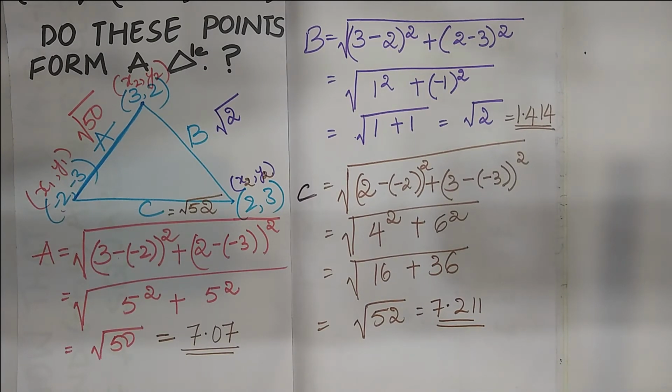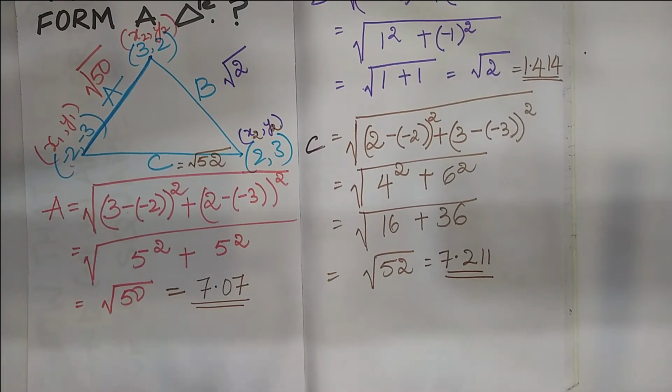So according to the property, what do we know? If you add any of the two sides, it should be greater than the third side. So let us take all the possibilities here. Alright. So we have three numbers, 7.07, 1.414 and 7.211. Let us just take approximates. So 7.07 can be 7.07 itself. We will take 1.414 as just 1.41 and 7.211 as just 7.21.